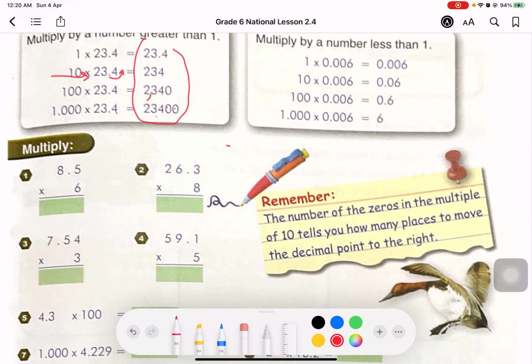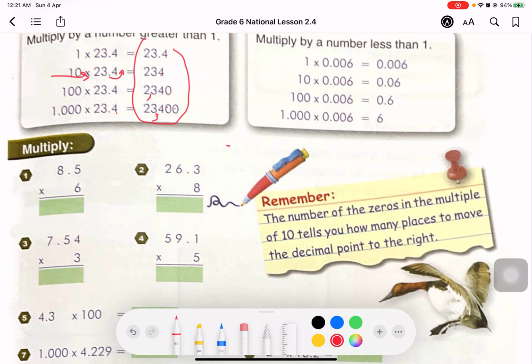Here you are going to move it one step, it will be all of it whole. Here you are going to move it 2 steps to the right. The 4 is 1 and the 0, I will put 0 from me. Here you are going to move it 3 steps. Look how my number becomes bigger. The last one is 23,400.